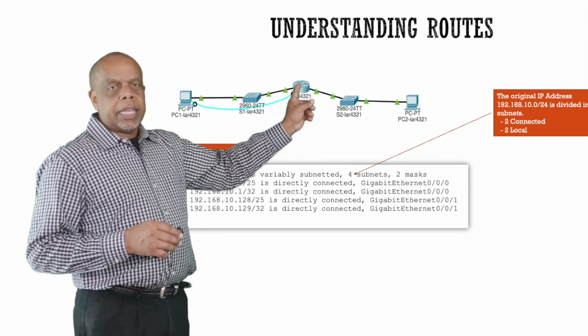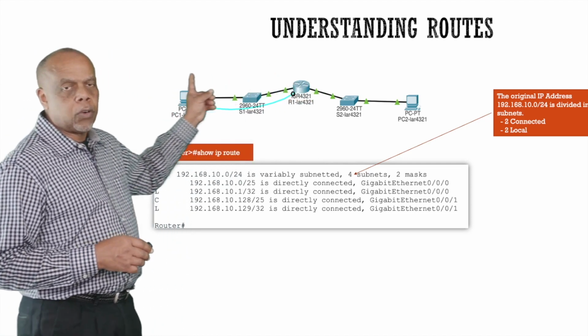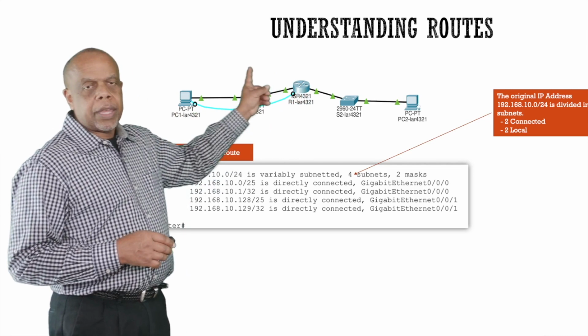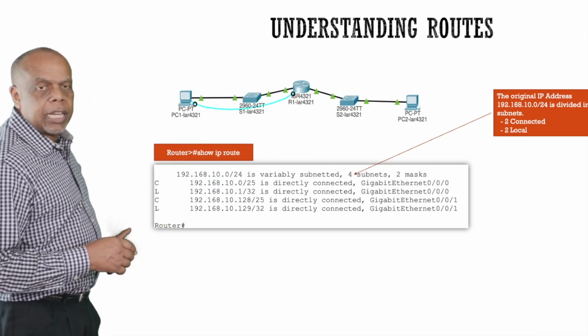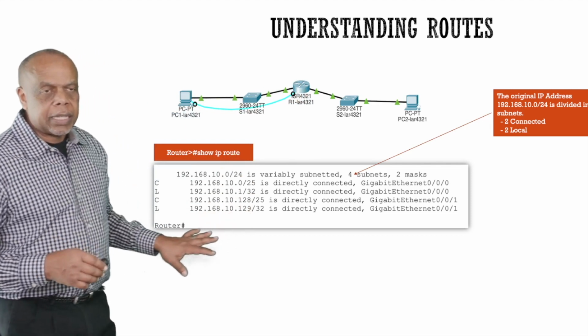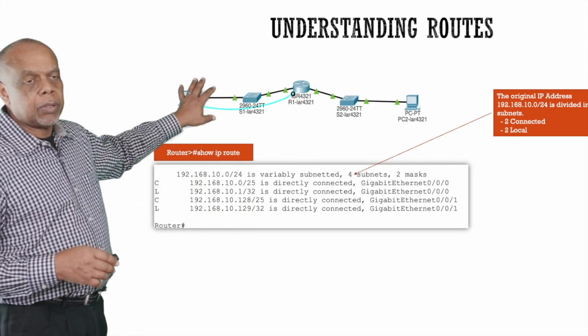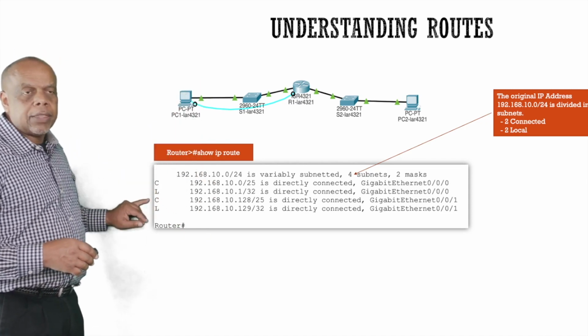And if you look at the L, you see a /32. Well, this is saying that it recognizes that there are 32 possible or 254 possible IP addresses that could be connected here. Now, on the connected side, it knows that /25 is saying that there's only 126 of those IP addresses that are actually available. So that's your connected and that's your local.